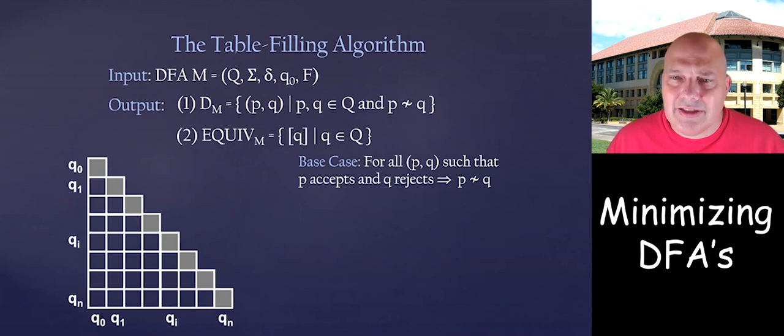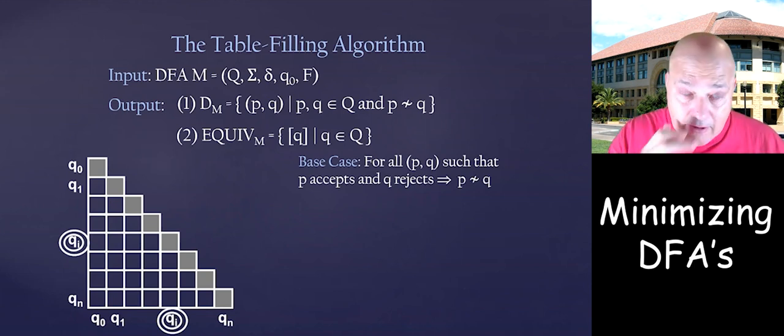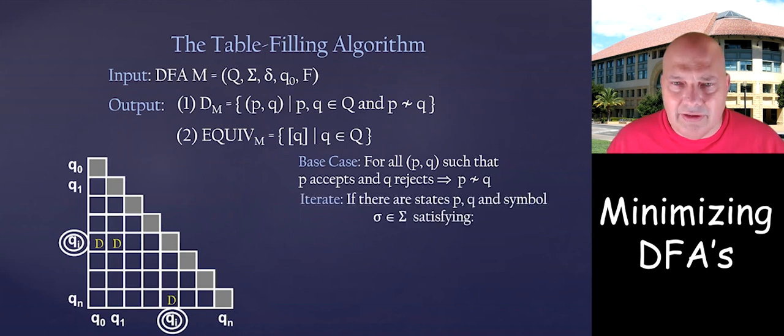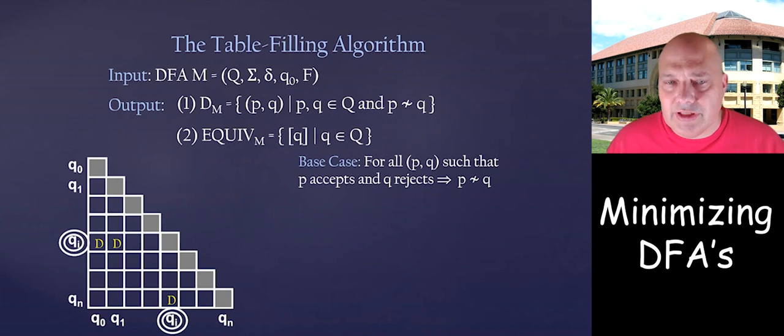The base case is all PQ such that P is an accept state and Q is a reject state. Oh, sorry. If Qi is the accept state, then it is distinguishable from every other state. So in this case, we only had one accept state, and it is distinguishable from all the rest.